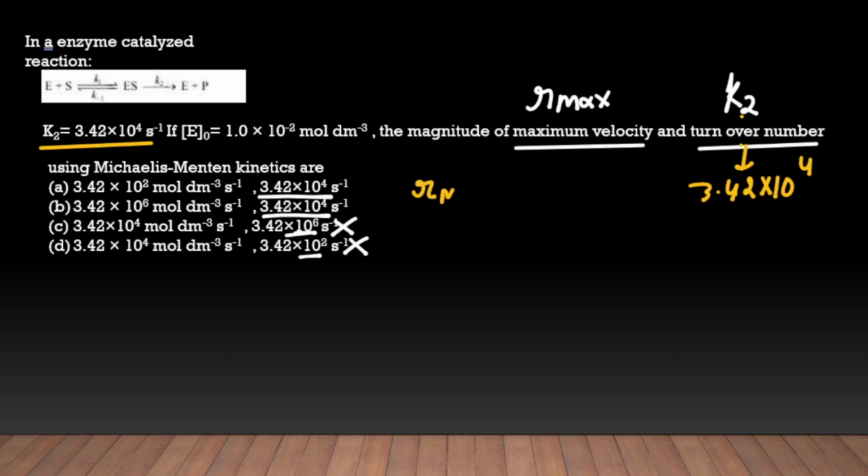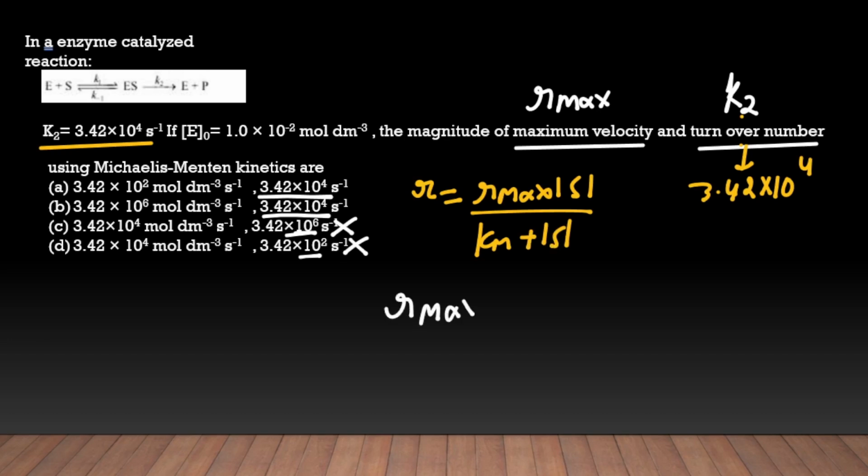For the enzyme catalyzed reaction, we have rate R is R max into the S upon the Km plus S. Okay, and R max value we have to just find out, that is equal to K2 times the E naught.